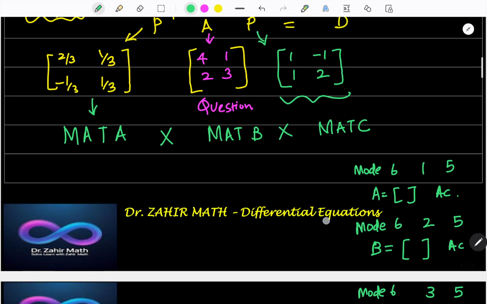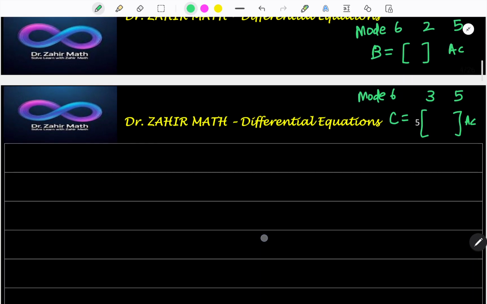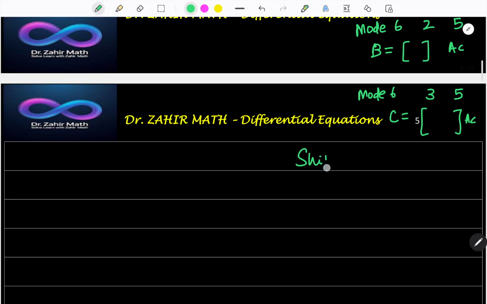After that, bring it to the screen. Now shift 4, then press number 3, and then press multiply. The screen will show mat A, multiply.